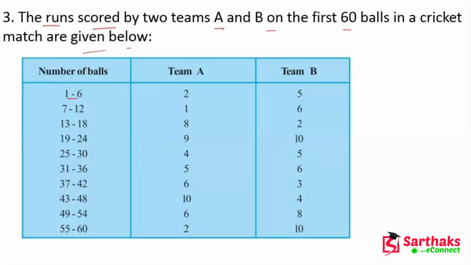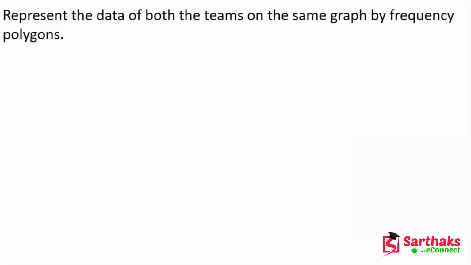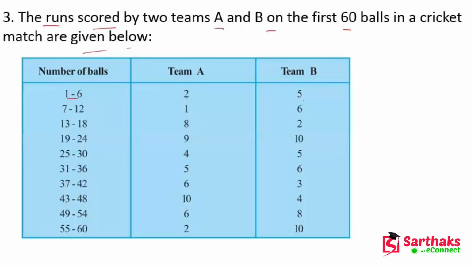Now we have to represent the data of both the teams on the same graph by frequency polygons. First of all, you can see that these class intervals are not continuous.